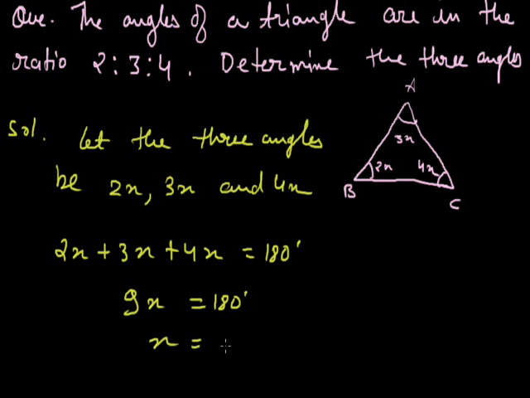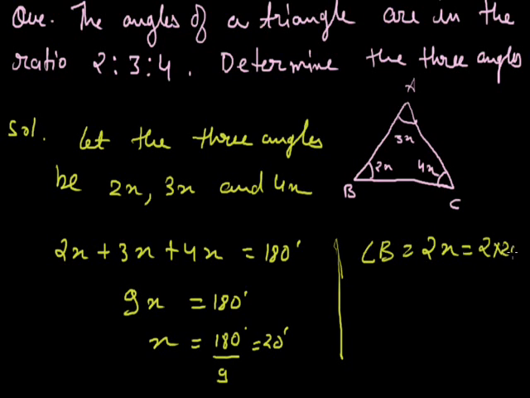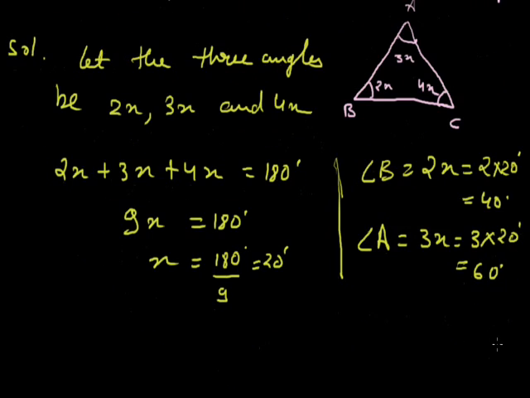So x will be equals to 180 degree by 9, that will be equals to 20 degree. Now the measure of each angle: angle B will be equals to 2x, that is 2 into 20 degree, that will be equals to 40 degree. Angle A will be equals to 3x, that will be equals to 3 into 20, therefore 60 degree. Third angle, angle C will be equals to 4x, 4 into 20, therefore it will be equals to 80 degree.